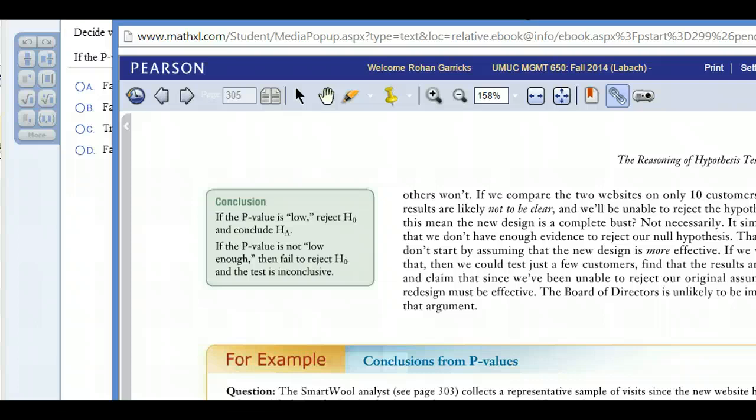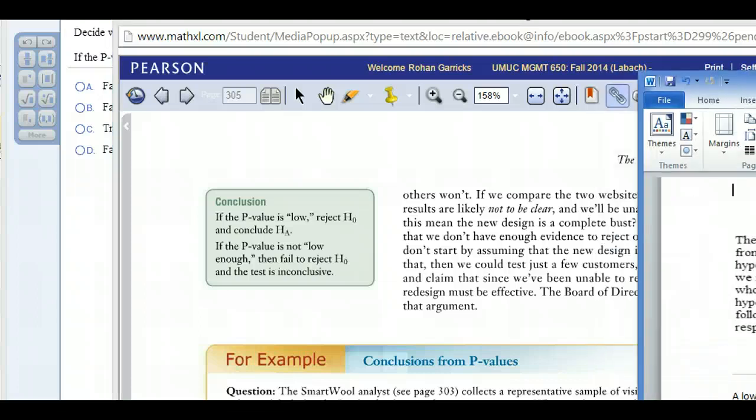So if you lower the value of alpha, you have a lower chance of mistakenly rejecting a true null hypothesis, but it increases your chances of not rejecting a false hypothesis. So it requires a little bit of thinking through this. So you absolutely have to be careful that you are doing that.